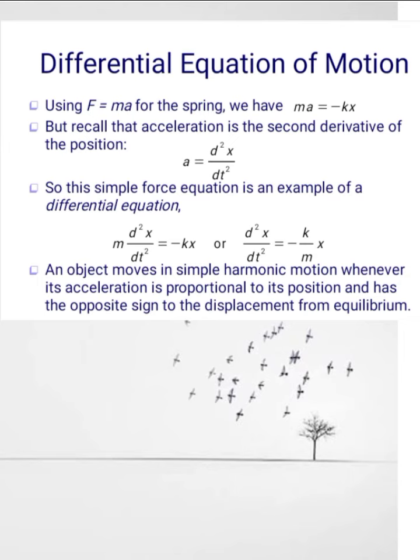Differential equation of motion using F equals ma for the spring. We have ma equals minus kx, but recall that acceleration is the second derivative of the position, a equals d²x/dt².